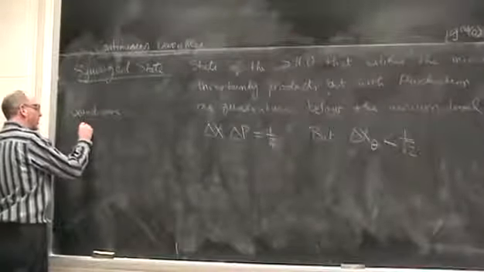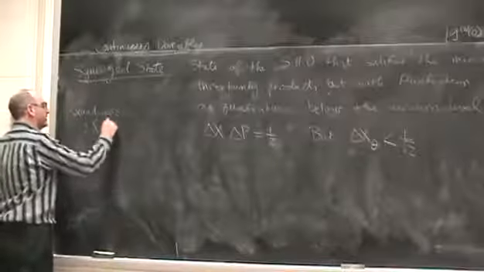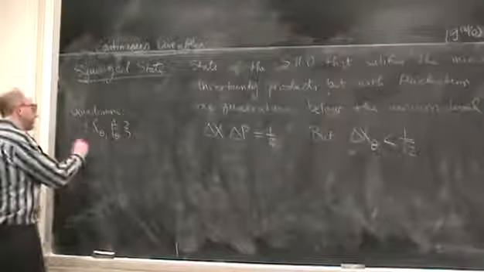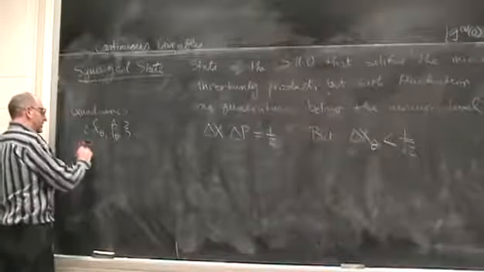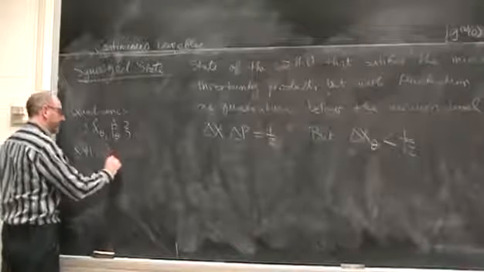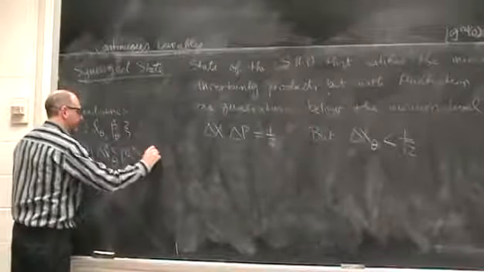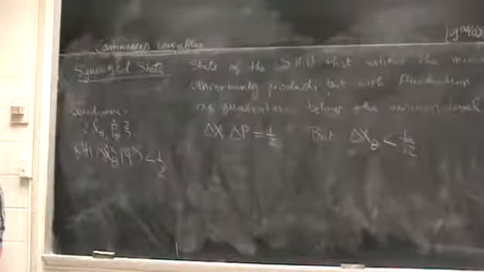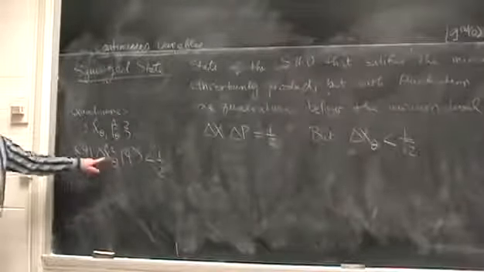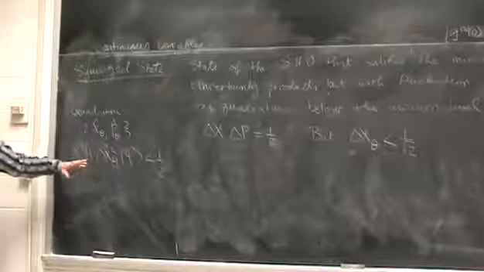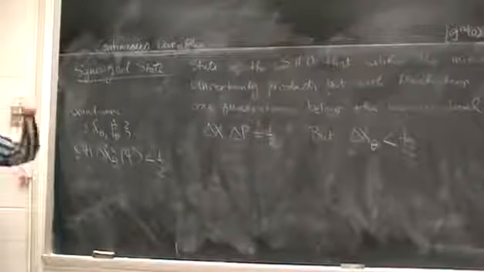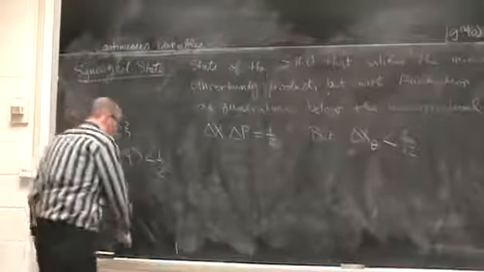The quadratures are the observables x theta and p theta for some theta. What I mean by this is that the squeezed state psi is such that the variance of this is less than half. When you say one of the quadratures, you mean one of x or p? What I mean is for some theta. Remember, it could be x or p or some rotated x. Remember, p is just x rotated by 90 degrees anyway. So that's what I mean by that. So, for example, an example of such a state.